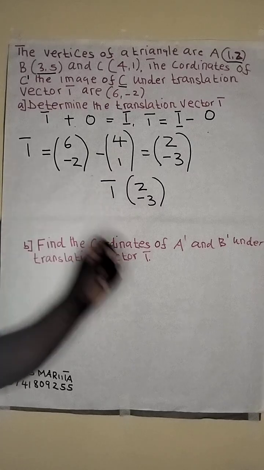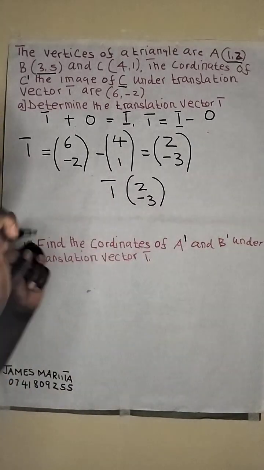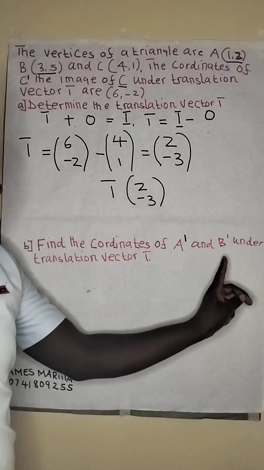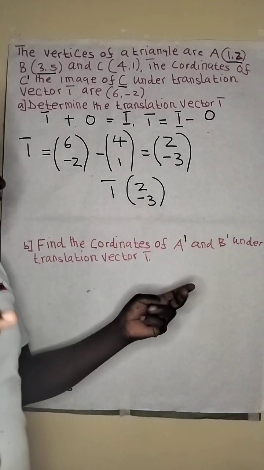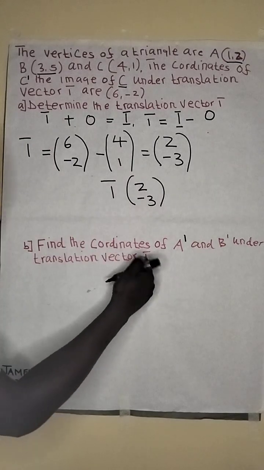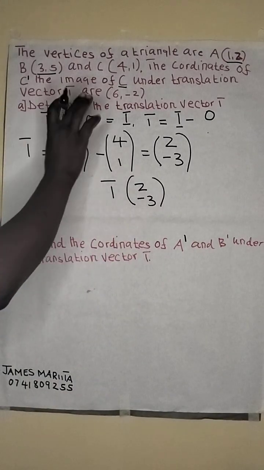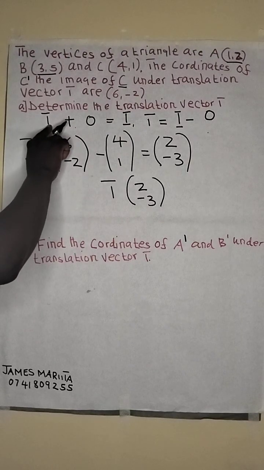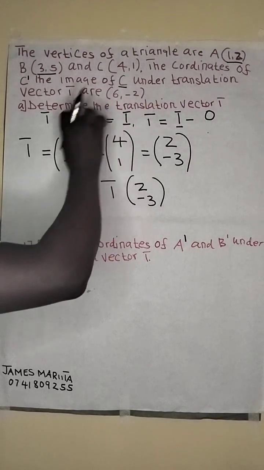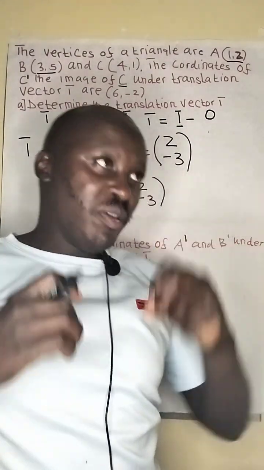Find the coordinates of A', the image of A, and B', the image of B, under translation T. Now that we have this translation vector T, from the formula, the translation vector plus the coordinates of the object is equivalent to the coordinates of the image.